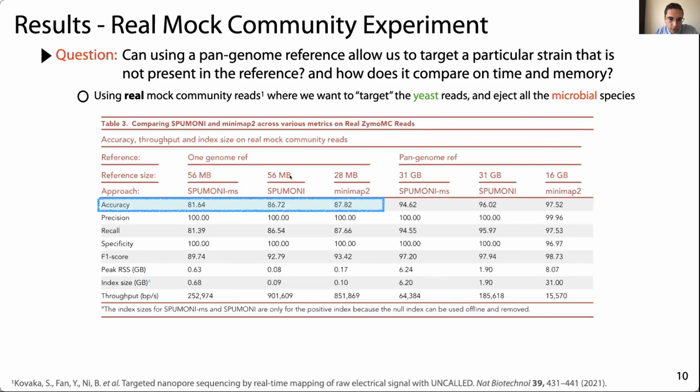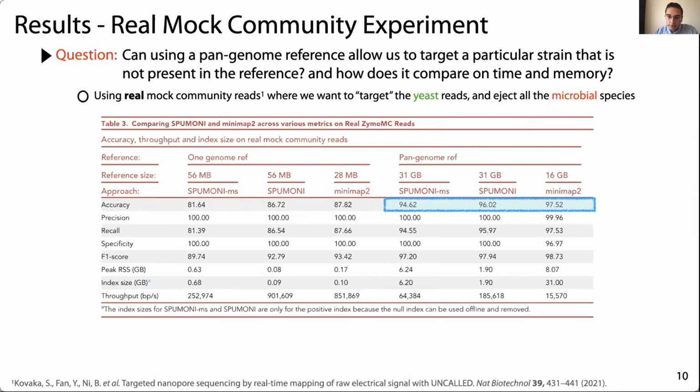But overall, these numbers are a little lower than what you would hope for in a simple binary classification task. When you look at the pan-genome reference, you can see that overall, the numbers do quite well. It shows you the hit you take when you choose a random strain to do your targeted sequencing with. Again, SPUMONI is slightly behind Minimap2, but the numbers are comparable.